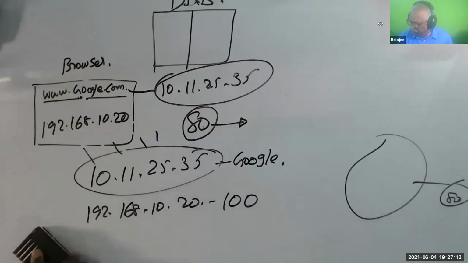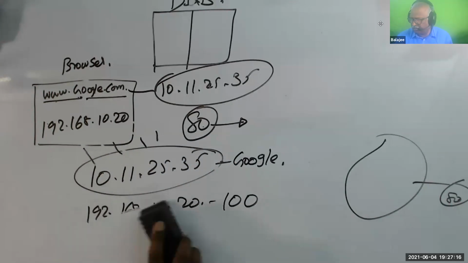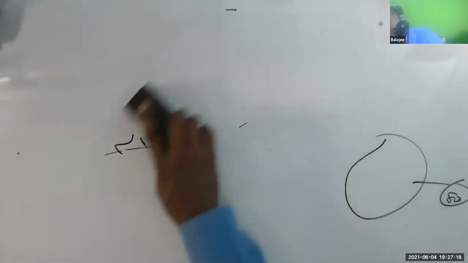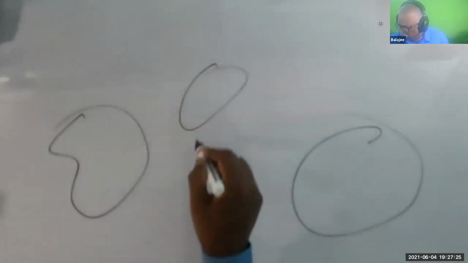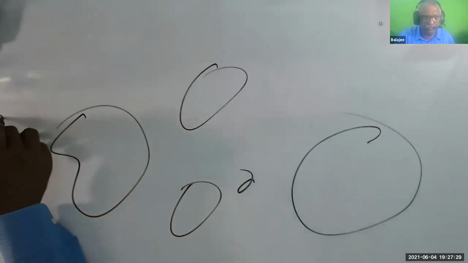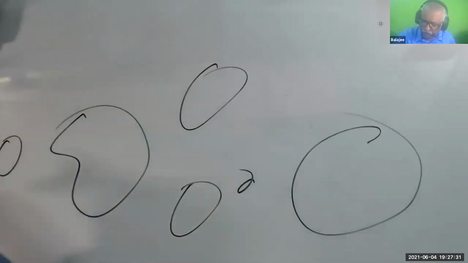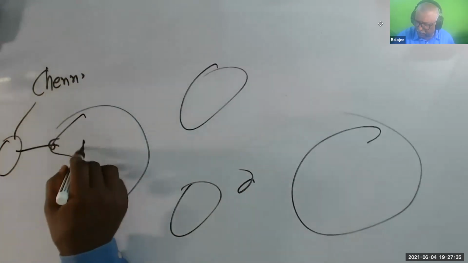Now, what is happening is, in the world there are two computers somewhere, with so many computers in between. And you, from the Chennai office, connect to your ISP, BSNL.